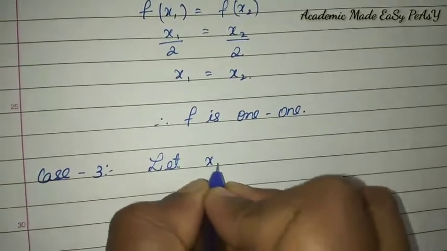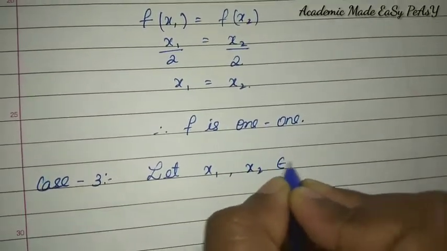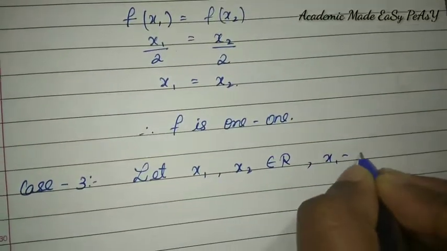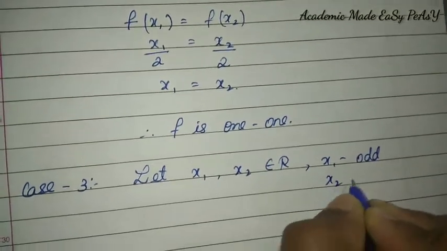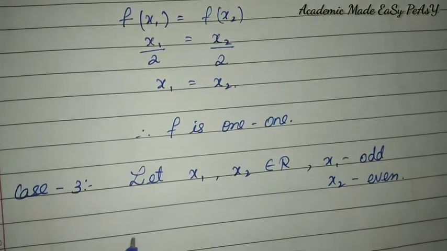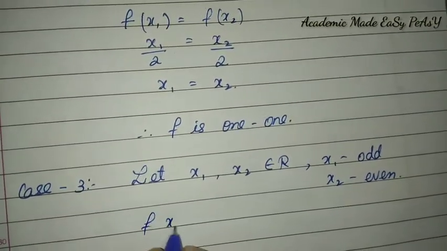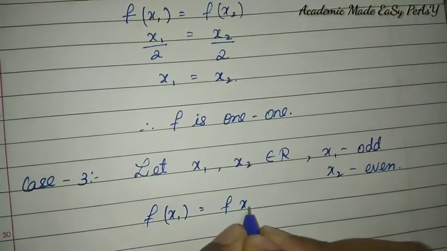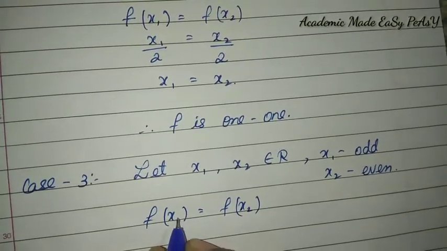Let x1, x2 belong to R and x1 is odd, x2 is even. So now f of x1 is equal to f of x2. Then x1 is odd, no?